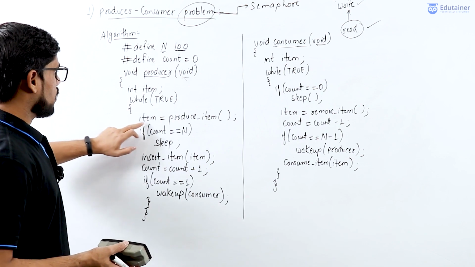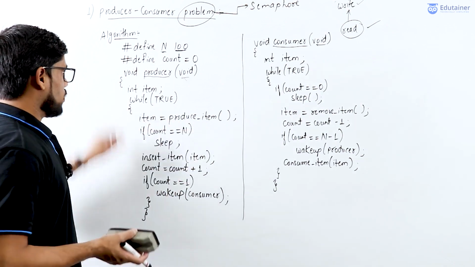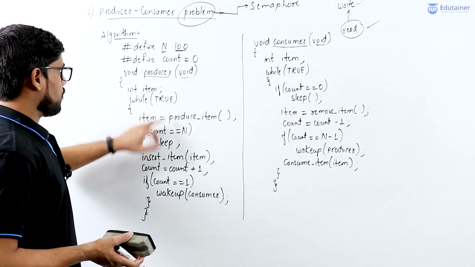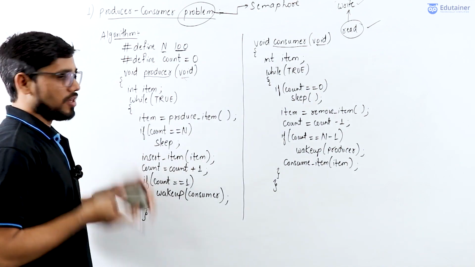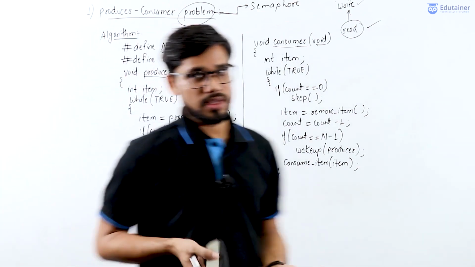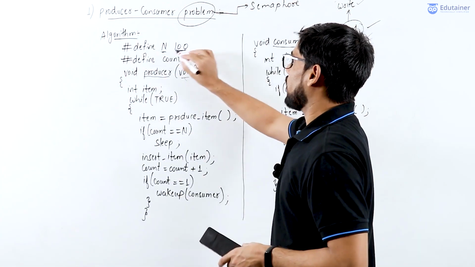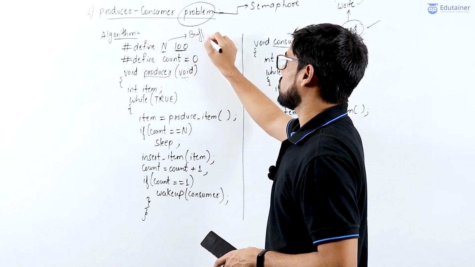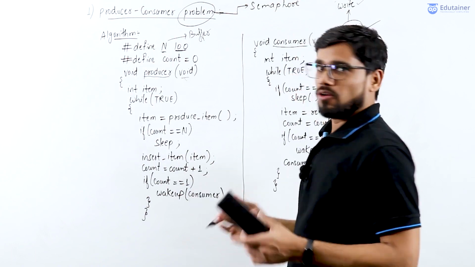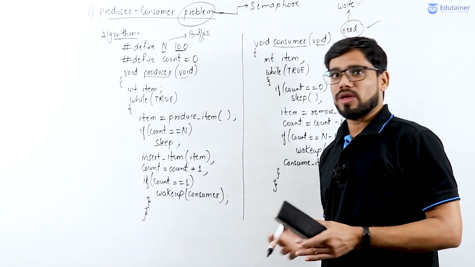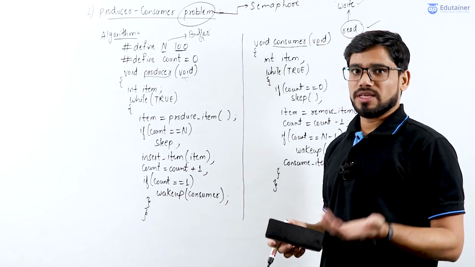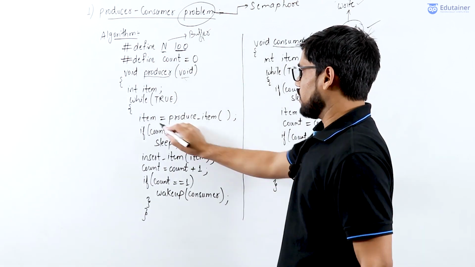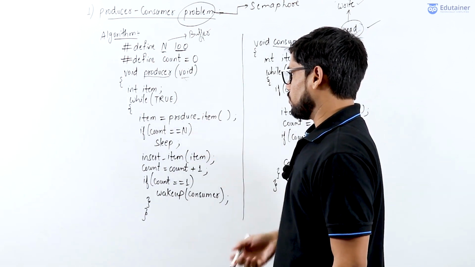The condition is item equal to produce item. Using this local variable, the producer function will produce items continuously, and we already defined that the buffer capacity is 100. So N is nothing but the buffer, or the capacity of the memory where the producer produces the item.